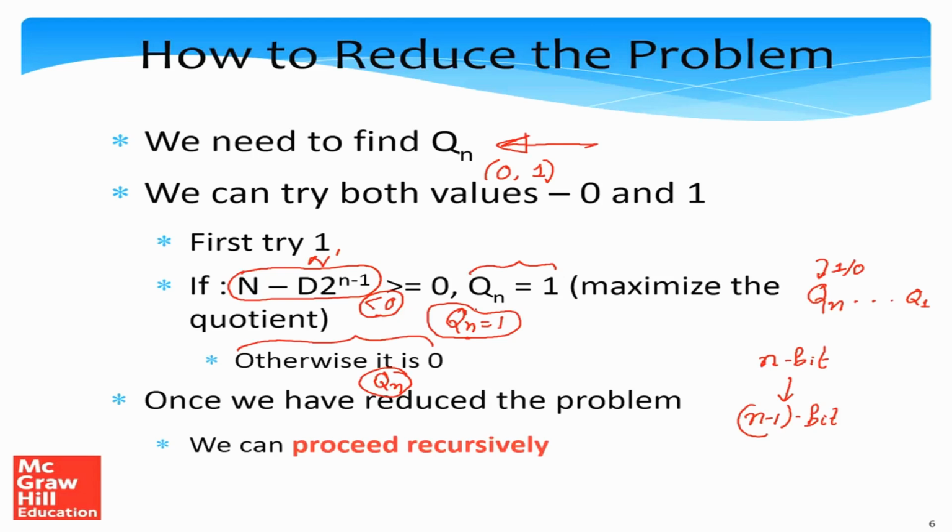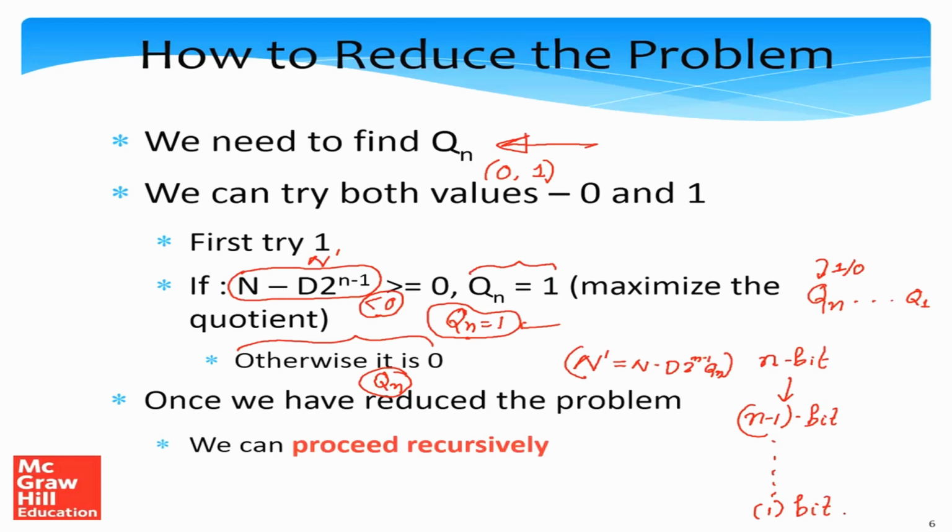And if it remains valid, we agree that Qn should be 1. So we set the nth bit of Q to 1. Otherwise, we set it to 0. And then we compute the new dividend, which is N dash is N minus D times 2 to the power n minus 1 times Qn, right? And we proceed recursively, which means that we call the same process over and over again, albeit with reduced or smaller arguments, till we are left with a single bit.